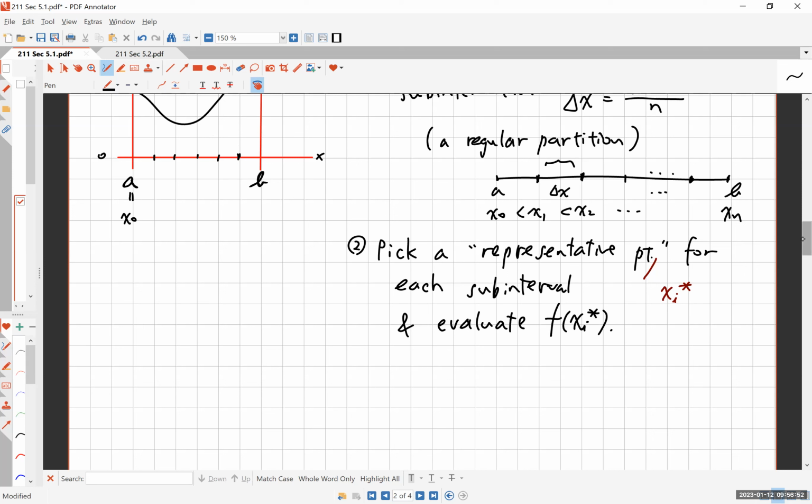So what are we talking about? I'm going to show you. And then finally we add them. Add what? Add the areas of all n rectangles. Now, what rectangles are we talking about?